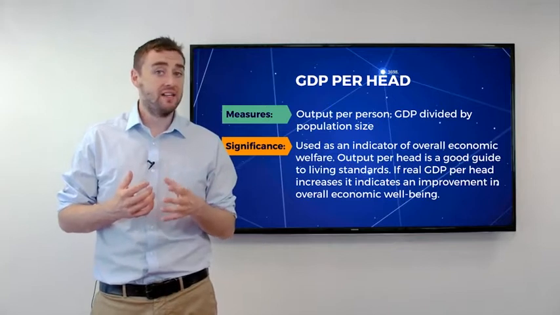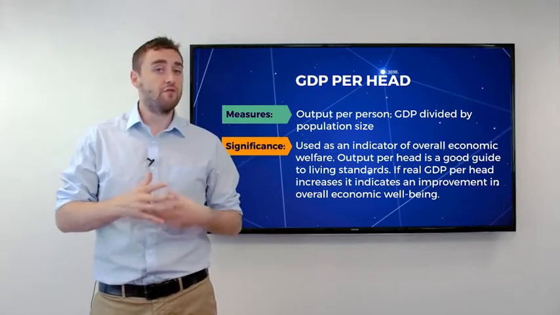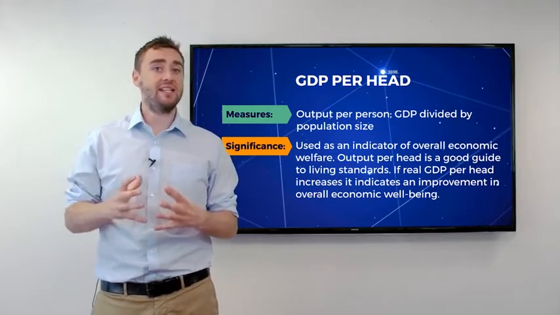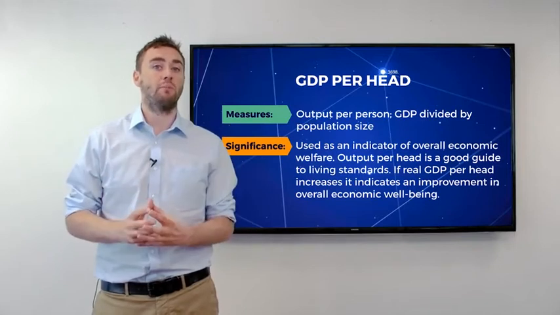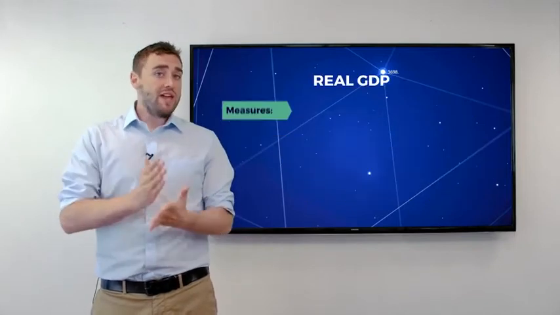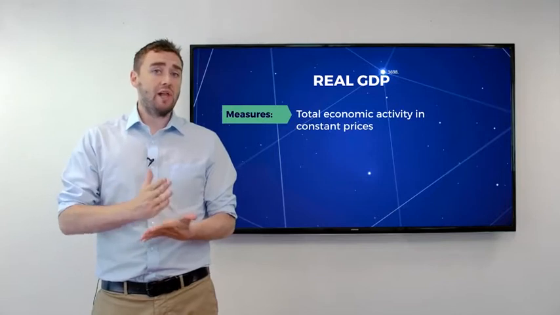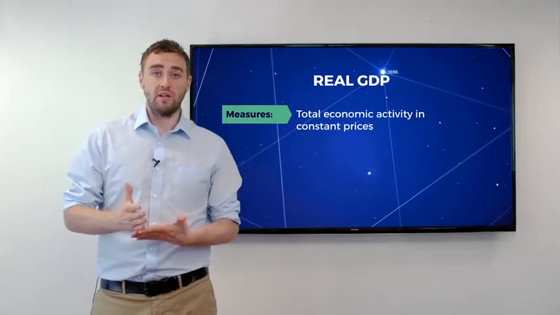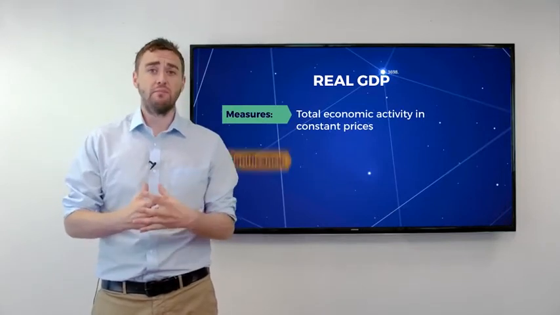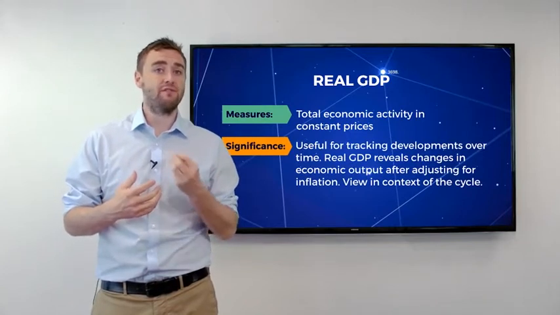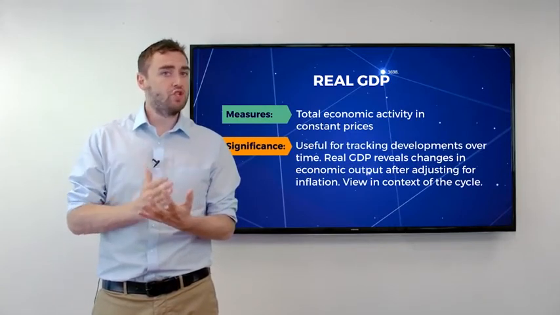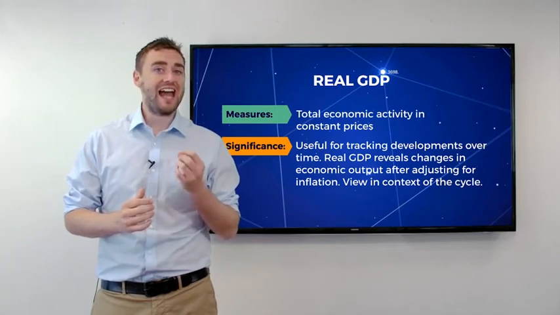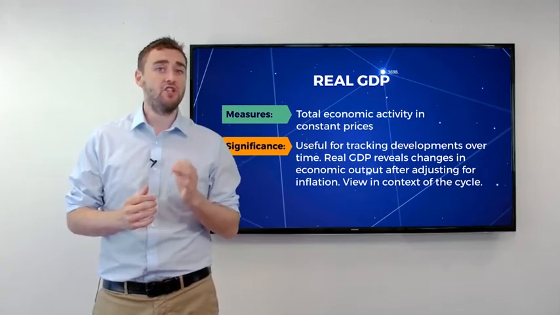GDP per head measures output per person, GDP divided by population size, and is significant because it's used as an indicator of overall economic welfare. Output per head is a good guide to living standards. So if real GDP per head increases, it indicates an improvement in overall economic well-being. Real GDP measures total economic activity in constant prices and is significant because it's useful for tracking developments over time. Real GDP reveals changes in economic output after adjusting for inflation.